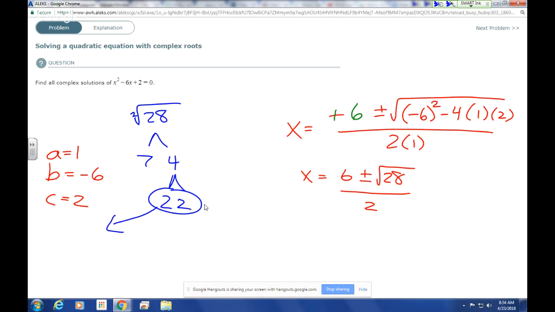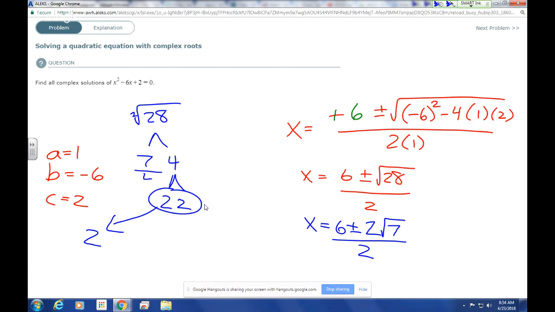One set of 2 comes out as a single 2. Okay? And this is what I call a leftover. So all that work I just did was to say that this means 6 plus or minus something over 2. What do I rewrite square root of 28 as? 2 radical 7. So 2 came out because there was a set of that with 1 left over, which was that radical 7.